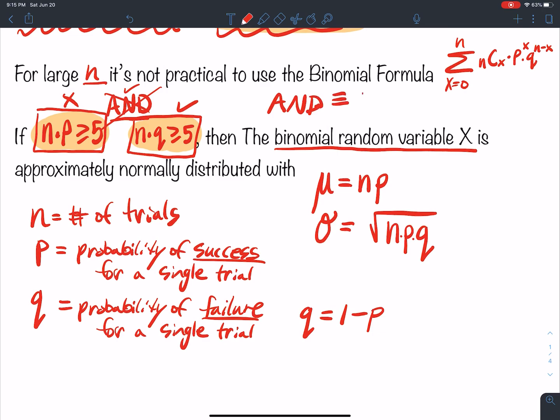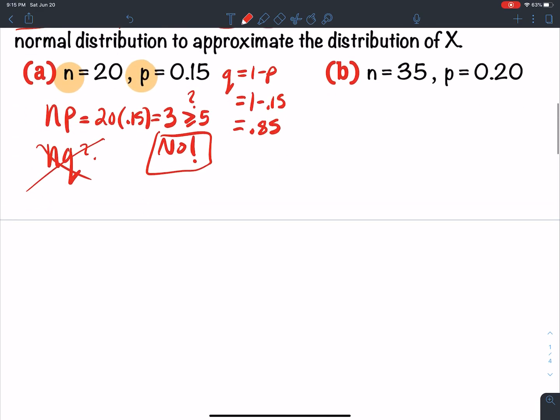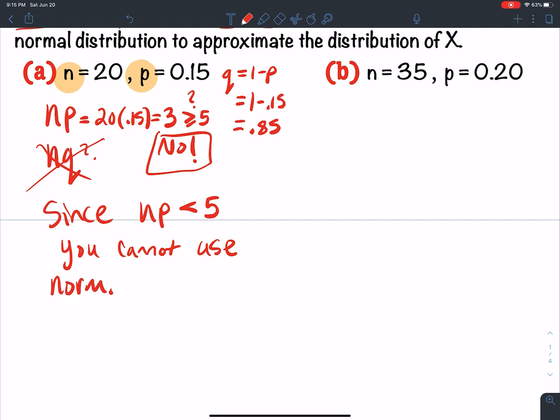Both must be true. Okay? So since n times p is less than 5, you cannot use the normal distribution to approximate the distribution of x.